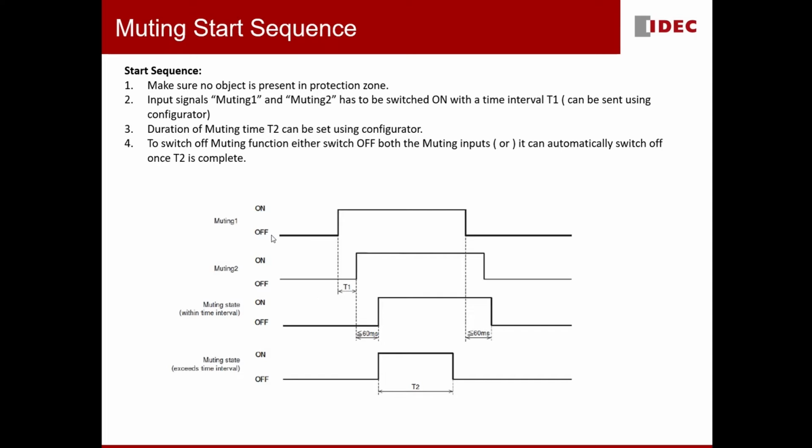We have to make sure that the muting 1 and muting 2 inputs are switched on within this specified time interval, and this time should not be 0. There should be a certain time delay and it should not cross timer T1 either. The muting state will be in the on state until, as we previously saw in the stop conditions, the T2 timer expires, or either of the muting signals goes off, or a few more conditions which we have seen previously.